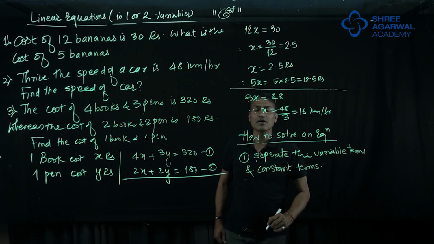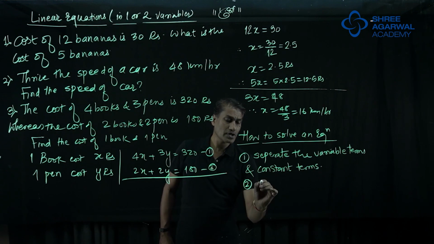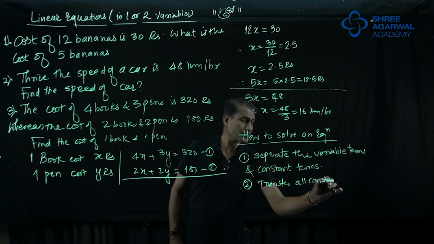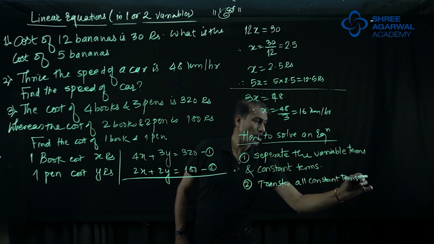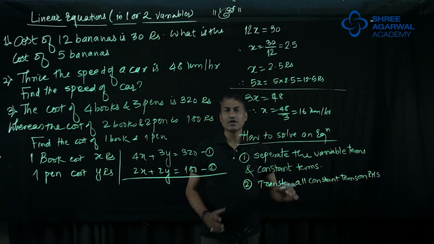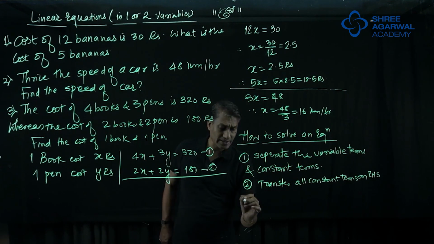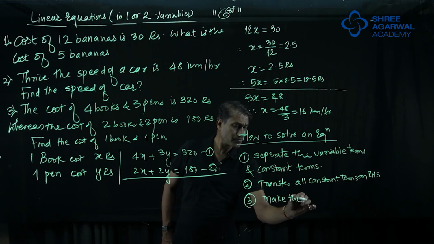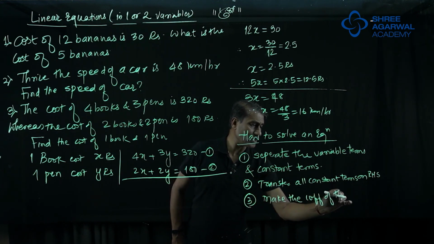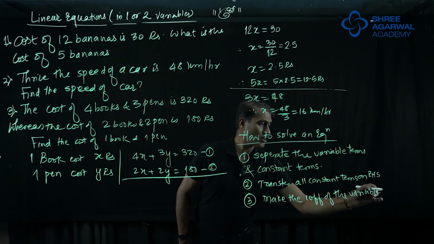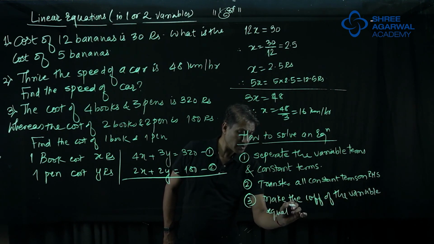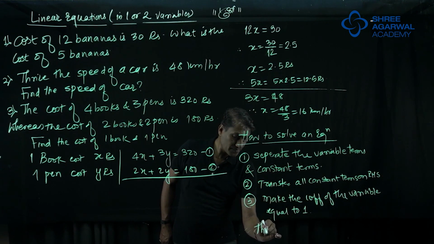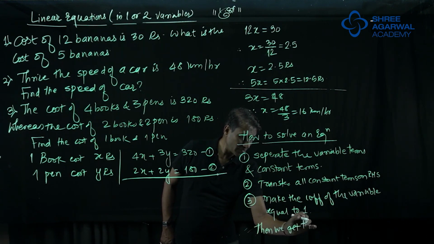Second, transfer all constant terms on the right hand side. And now make the coefficient of the variable equal to 1. Then we will get the value of the variable.